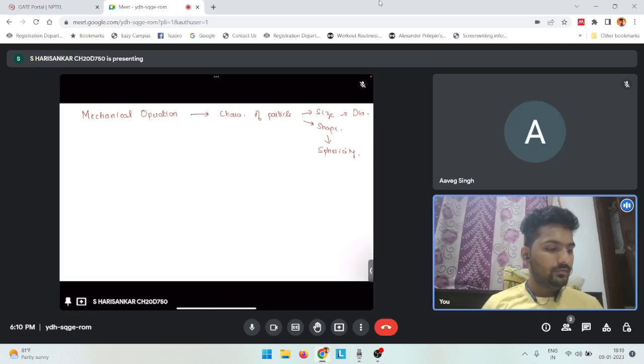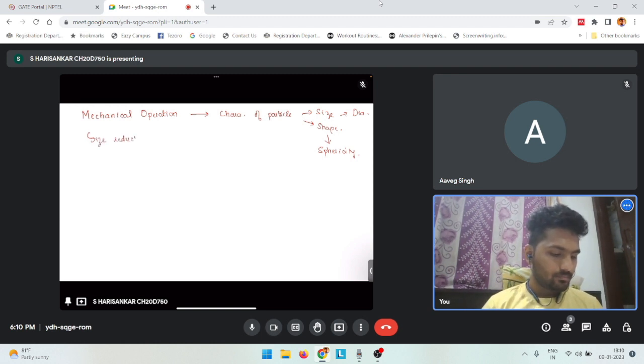Then we briefly went into some portion of size reduction equipment, and just gave a brief introduction with equipments like jaw crusher, fluidized mill, and so on.